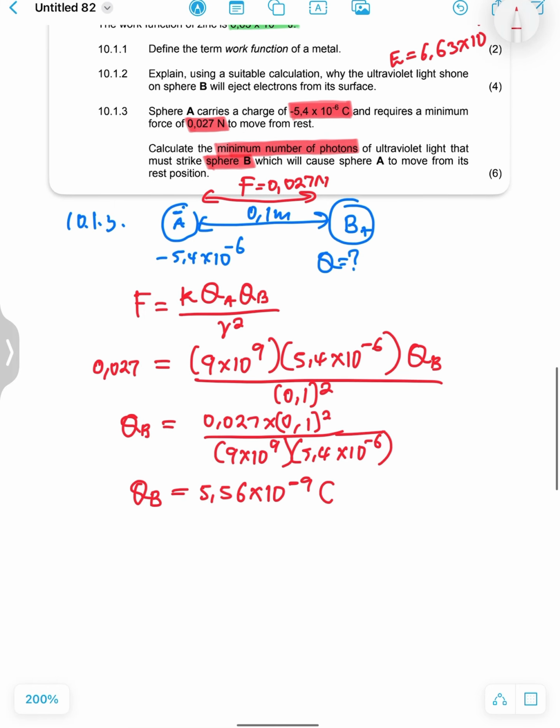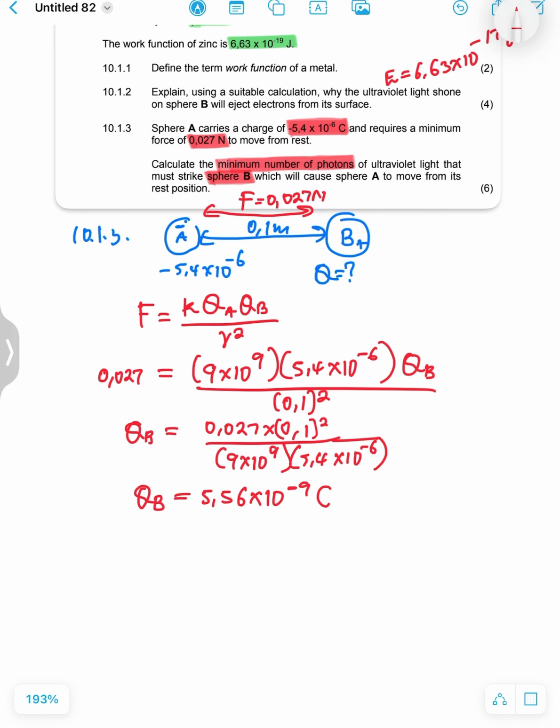Once you have the charge of sphere B, now you're going to use this formula. The number of electrons is equal to the charge divided by the charge of an electron.